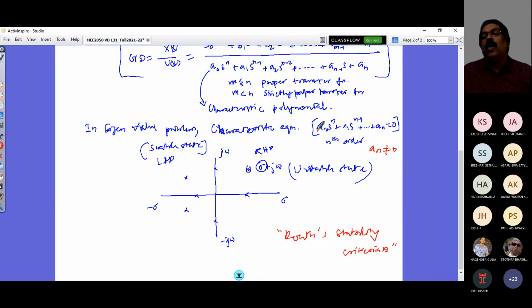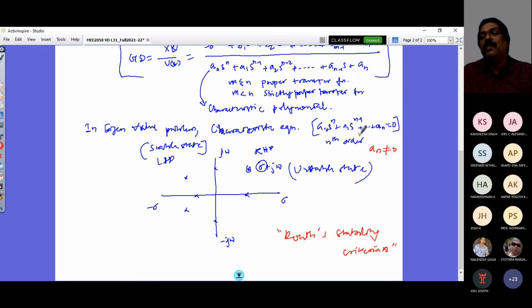Right? So if all the coefficients of this characteristic polynomial are positive and there are no zero terms of coefficient, then I would comment on an absolute stability of the system, but still this is a necessary condition but not sufficient, because though you have positive coefficients, there can be a chance that your system can get into an unstable state.